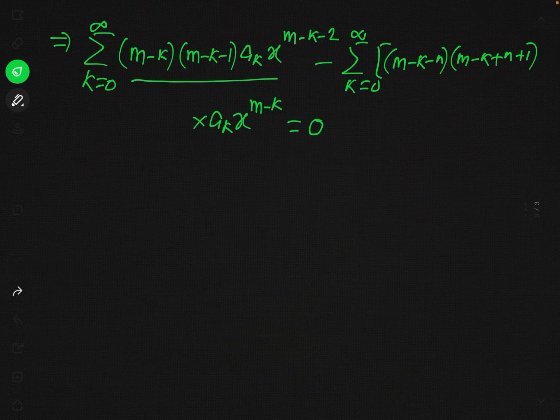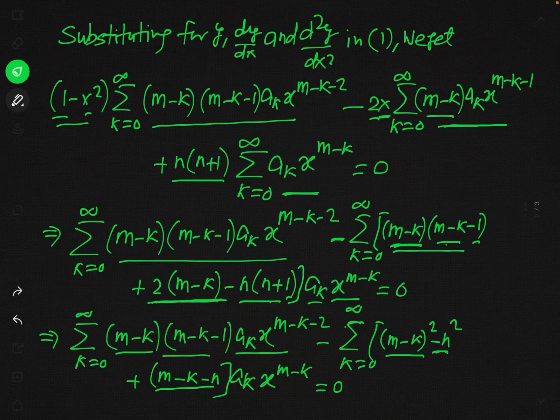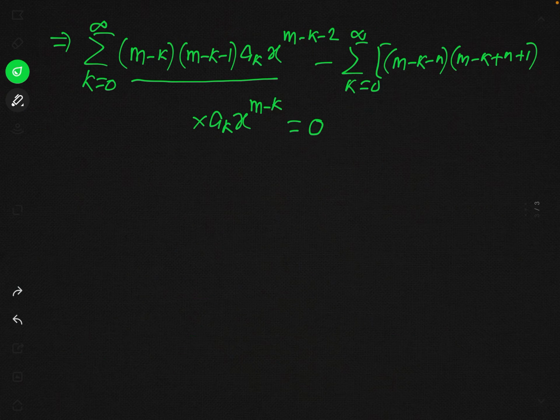Now when we apply this, the first term remains as it is, and in the second term you can simplify m minus k whole square minus n square by using the formula a square minus b square equal to a minus b into a plus b. So this will be in fact m minus k minus n into m minus k plus n, and here there is already m minus k minus n, so we will take this m minus k minus n as a common factor.